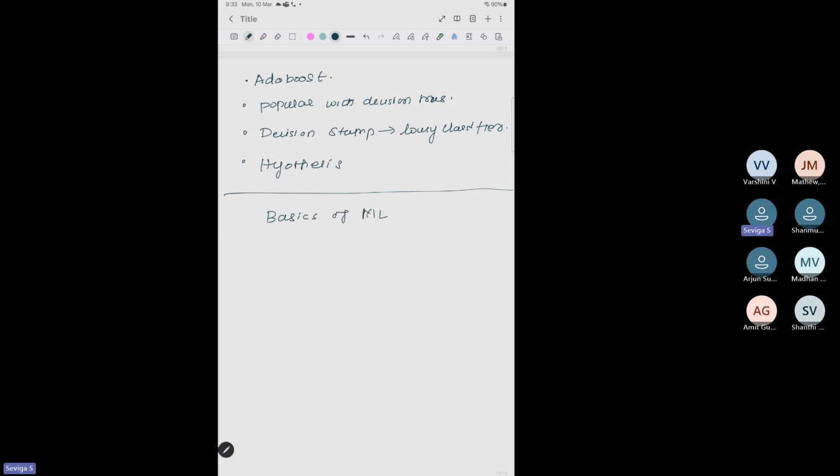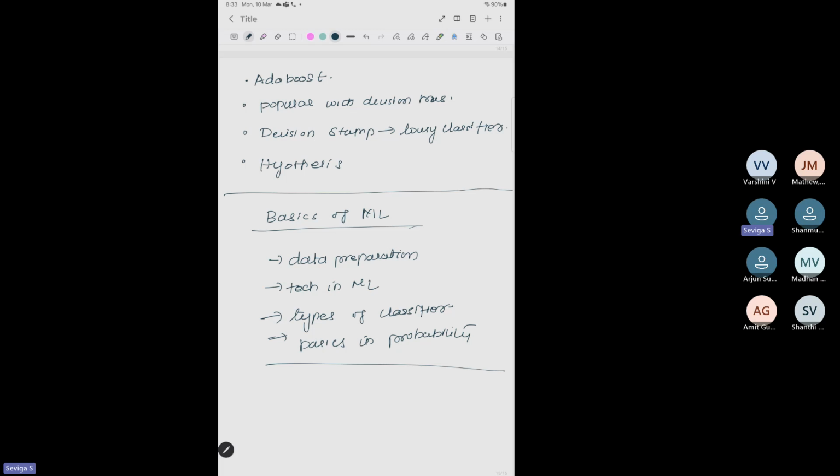We have seen data preparation, learned some techniques in machine learning, seen some types of classifiers, and also done some basics in probability. We have covered those things in the basics of machine learning because this is a prior for learning deep learning. From next class onwards, we will start with the deep learning techniques.